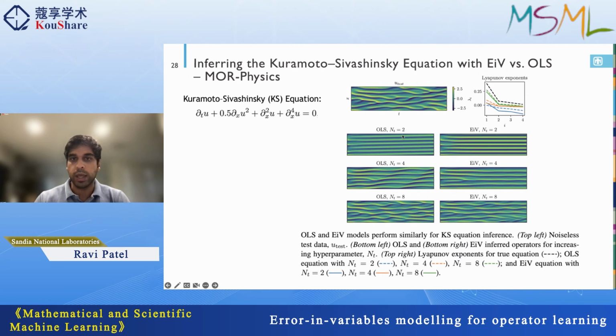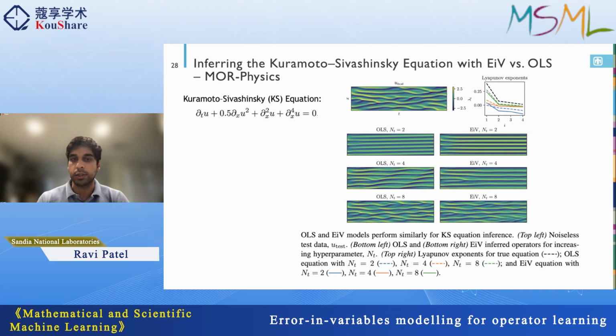For NT equals 2 and NT equals 4, both ordinary least squares and error in variables fail to recover the chaotic equation. But for NT equals 8, both methods actually recover it. So we find that our error in variables model isn't necessary to infer the chaotic equation.